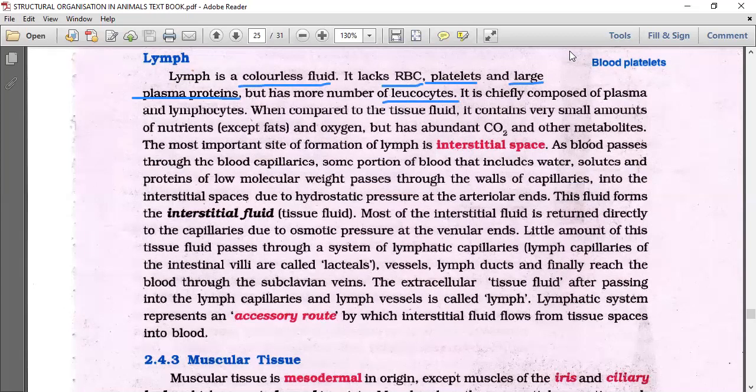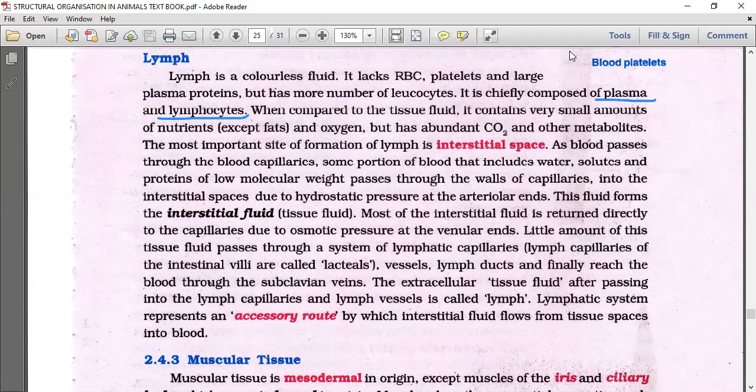What does it mean? We said WBC comes out from the capillaries, WBC, leukocyte, nothing but WBC, and we named it diapedesis, isn't it? So that's why we say more leukocytes, and it is chiefly composed of plasma and lymphocytes.